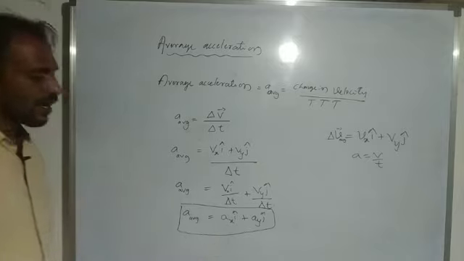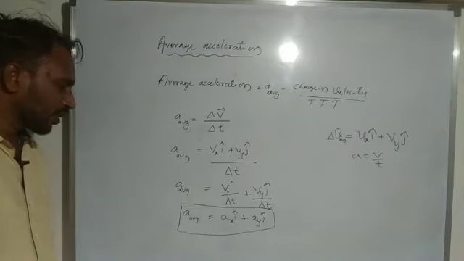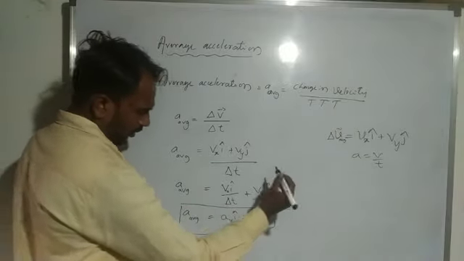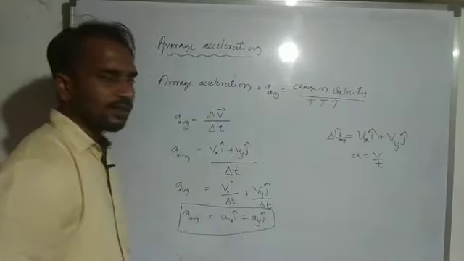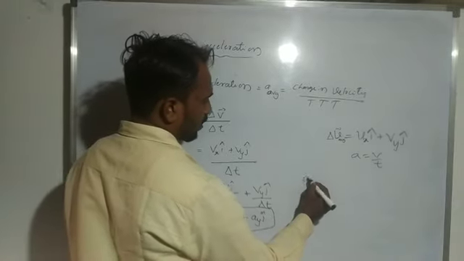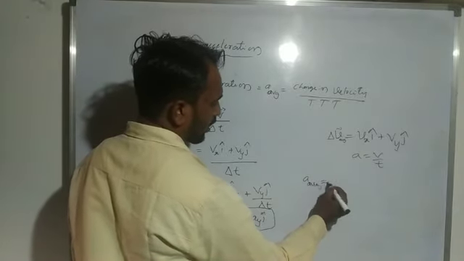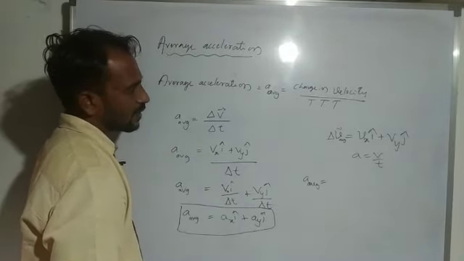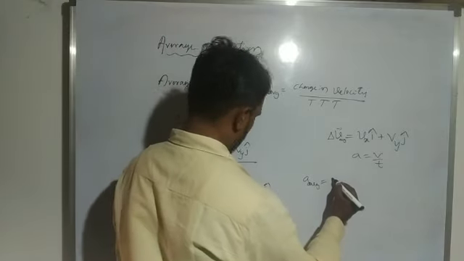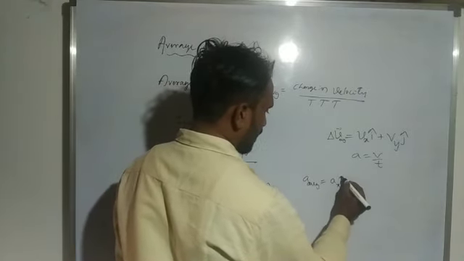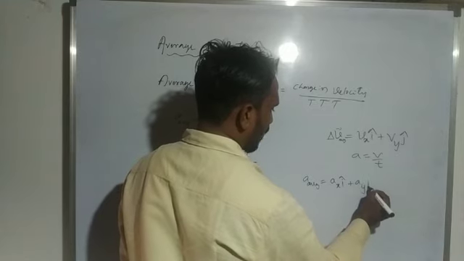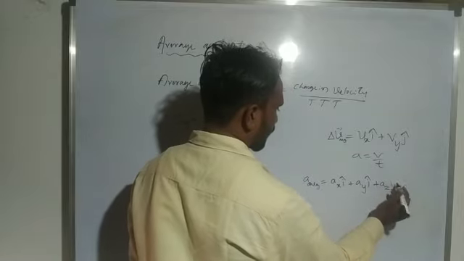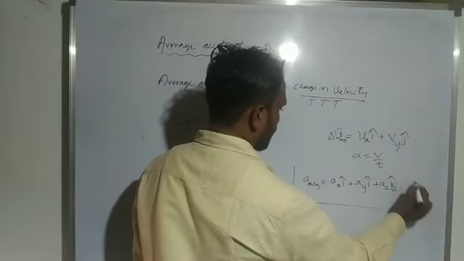This is the equation of average acceleration. Suppose the object is present in space. Then average acceleration is equal to acceleration along the x-axis plus acceleration along the y-axis plus acceleration along the z-axis.